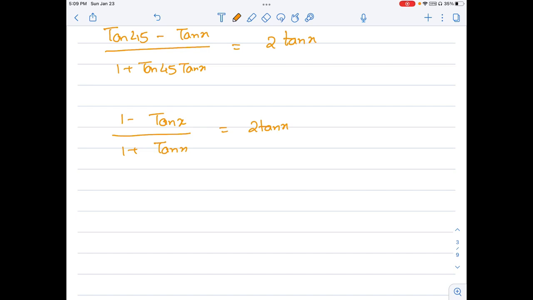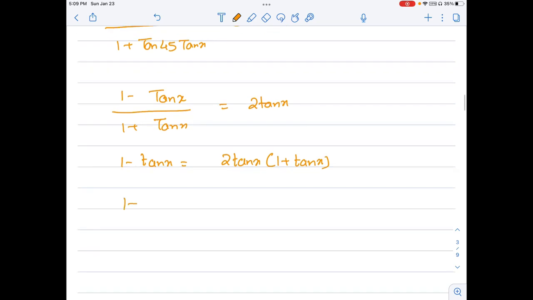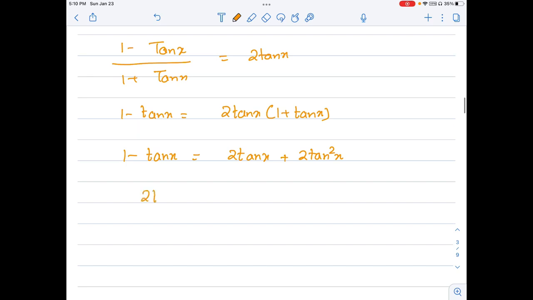Do the cross multiplication. 1 minus tan x is equal to 2 tan x times (1 plus tan x). So 1 minus tan x is equal to 2 tan x plus 2 tan square x. Now bring all the terms on one side, you get a quadratic equation. 2 tan square x plus 3 tan x minus 1 is equal to 0.